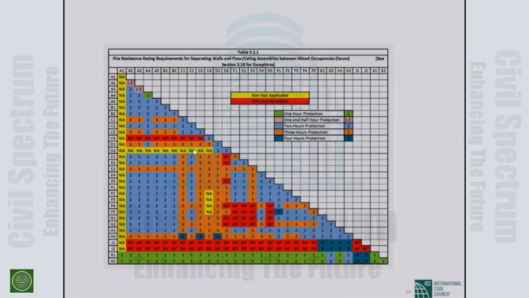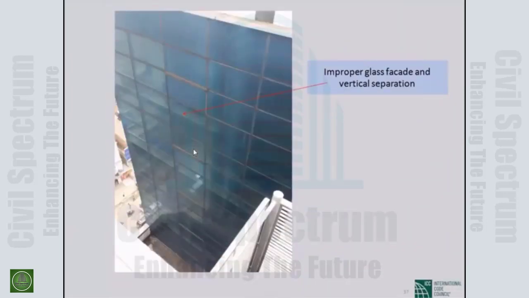Now I would like to show something about the detached. This is an example, not directly a proper example. You know the FR tower which burned in Banani. Fire moved very quickly from one floor to another. That is due to the improper separation that I am showing with the arrow.